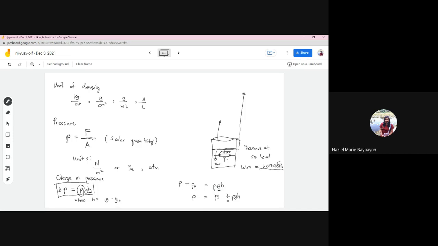Okay. So this surplus, this change in pressure, we call the gauge pressure. And then your P naught is the atmospheric pressure.